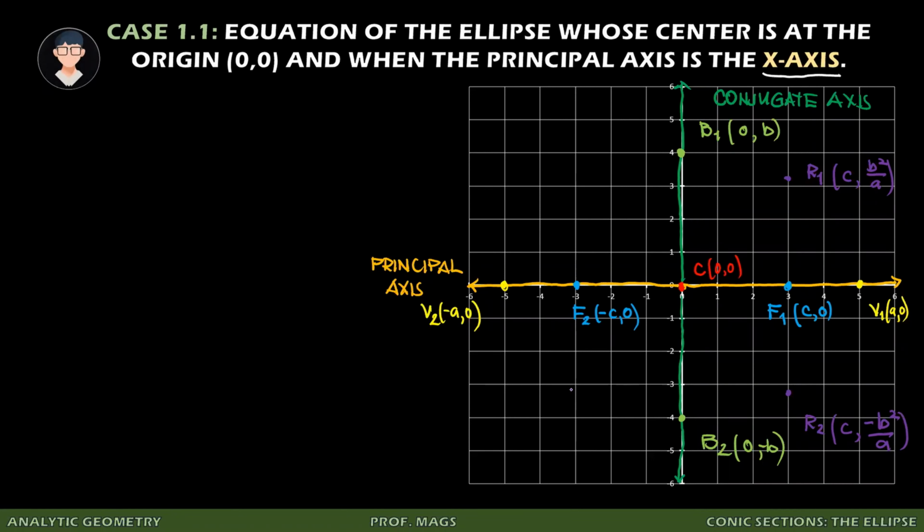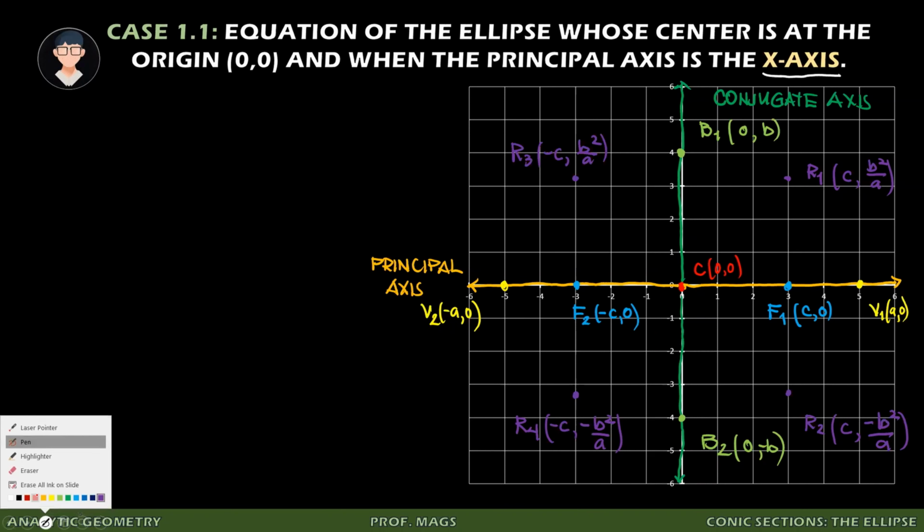We also have r sub 3 with coordinates negative c, b squared over a. We also have r sub 4, which has the coordinates negative c and negative b squared over a. So those are the endpoints of the latus rectum.